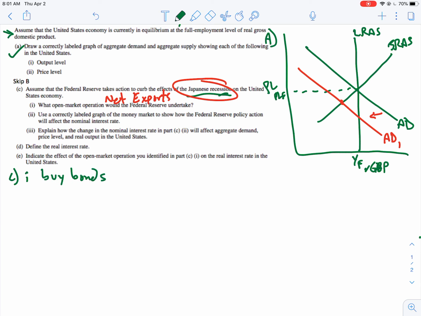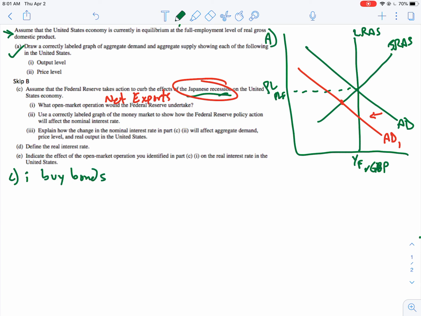Using a correctly labeled graph of the money market, show how the Federal Reserve action would affect the nominal interest rate. So a correctly labeled graph of the money market has interest rate here, quantity of money here. We know that the supply of money is vertical. It's vertical where the Fed sets it, and then the demand for money is downsloping.